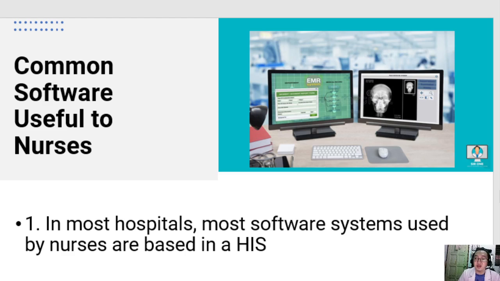Common software is useful to nurses in the clinical setting. In most hospitals, software is used by nurses based on a hospital information system. The hospital information system is a multi-purpose program designed to support many applications in hospitals and their associated clinics and other departments.